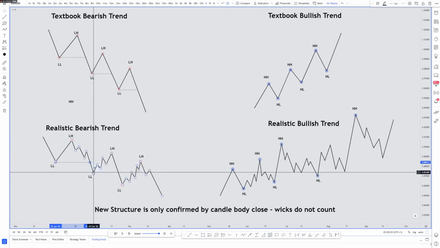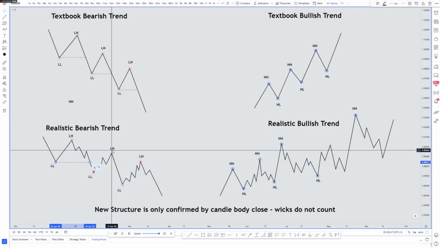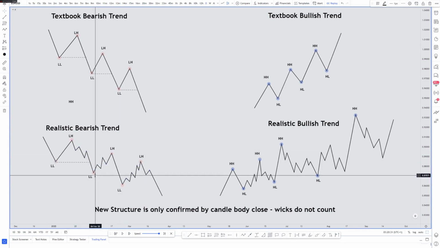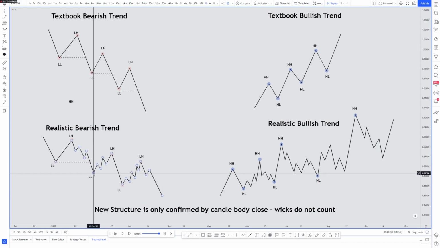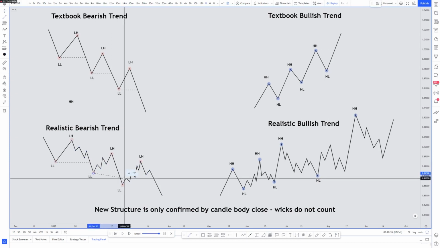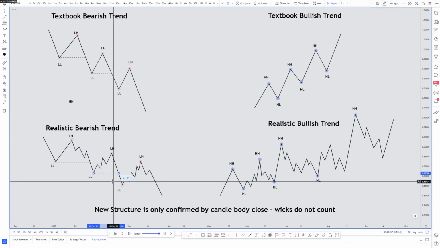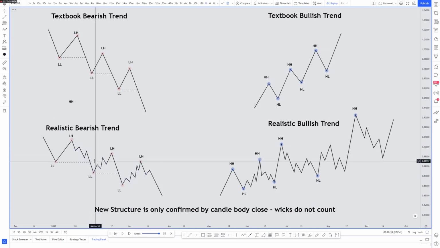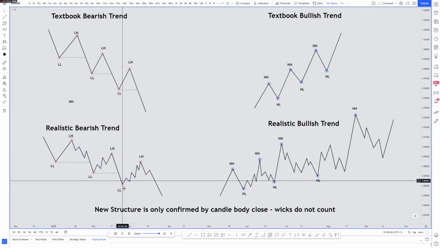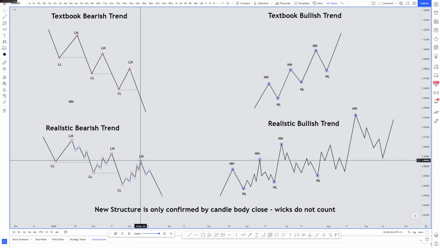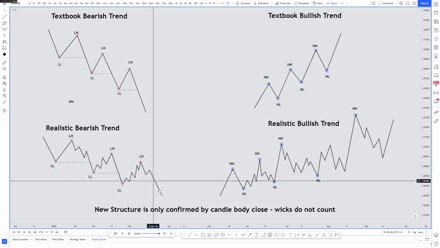So in this case, we form a lower low. We have a lower high, which is the absolute highest point before our impulse down. And now we have another lower low. So the bearish trend is still continuing, obviously. Again, lower low, lower high, lower low, lower high, and we get a lower low.